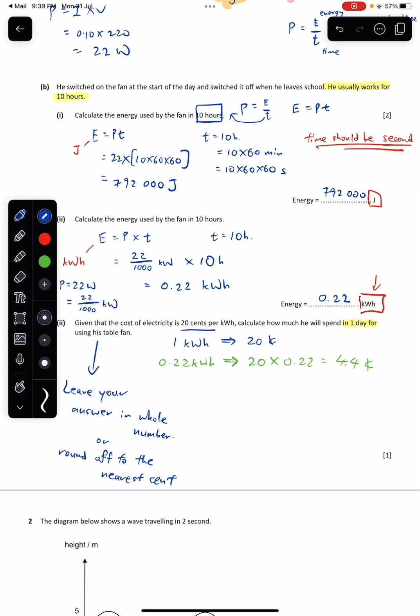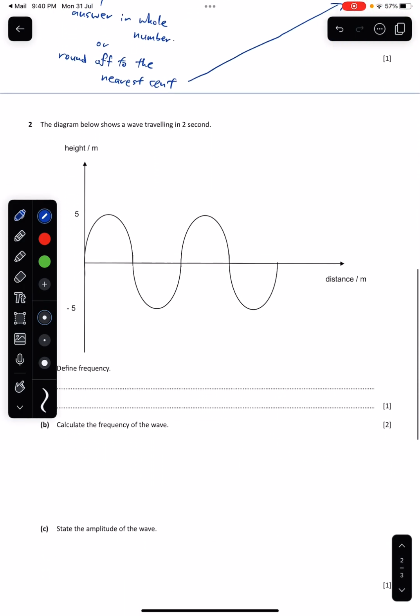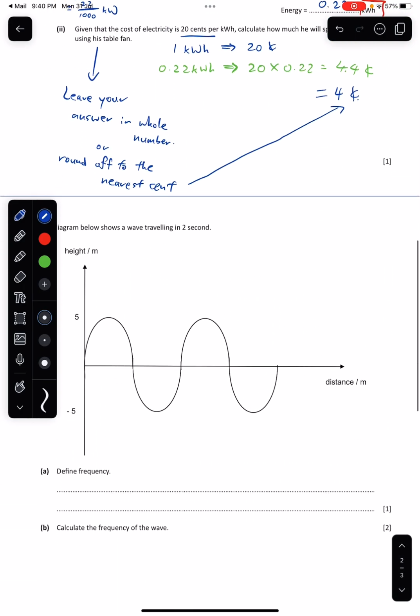So if the question say that, then is your answer 4.4? No, right? Answer should be 4 cents, because nearest cent. Again, look at what the question is asking.